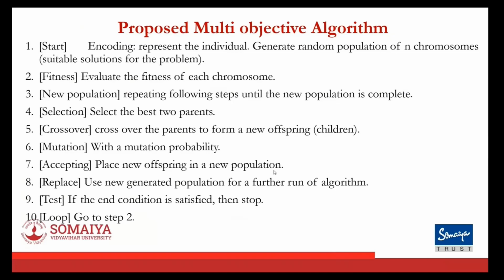Step 4, Selection: it selects the best two parents. Step 5, Crossover: it crosses over the parents to form new offspring or children. Step 6, Mutation: with the mutation probability. Step 7, Accepting: place the new offspring in a new population. Step 8, Replace: use the newly generated population for further runs of the algorithm. Step 9, Test: if the end condition is satisfied, then it stops. Step 10, Loop: go to step 2.